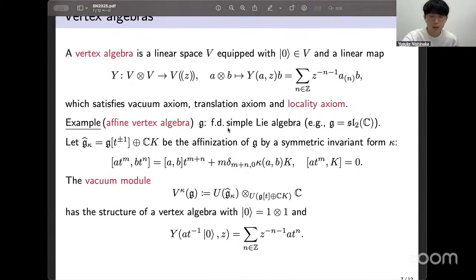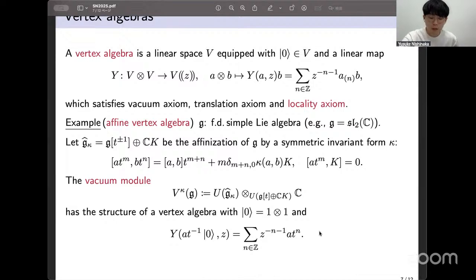Let g be a finite dimensional simple Lie algebra and fix a symmetric invariant form kappa, which is just a scalar multiple of the Killing form. Then considering the affinization of g by kappa, the vacuum module V_kappa(g) has the structure of a vertex algebra as follows.